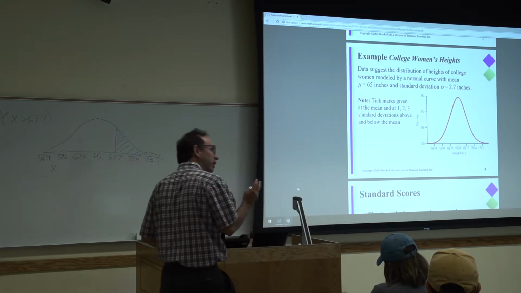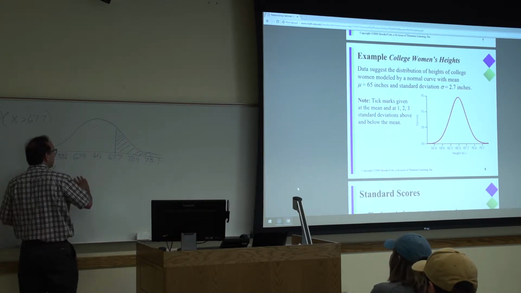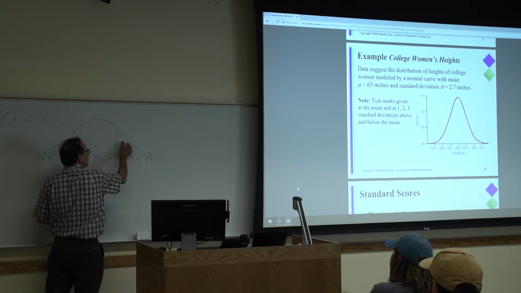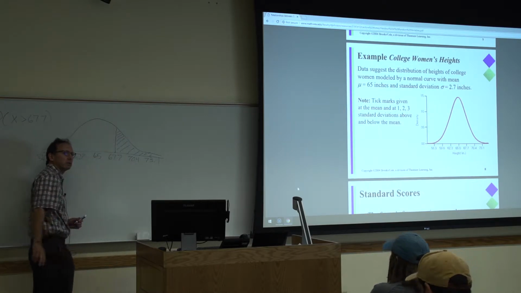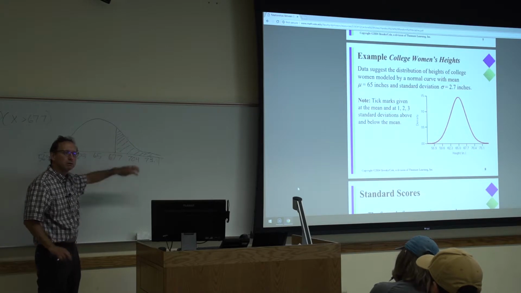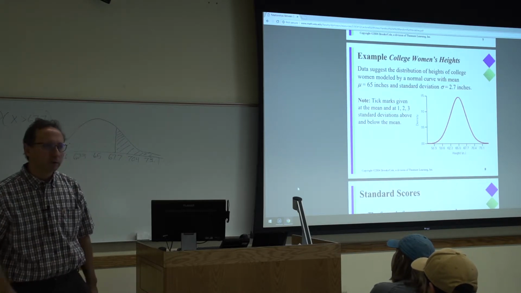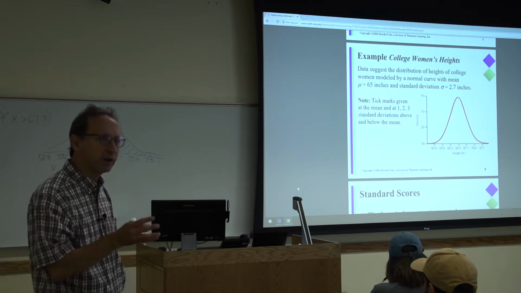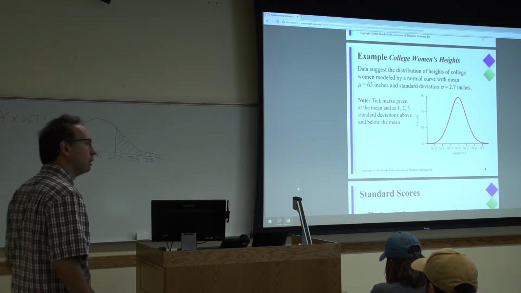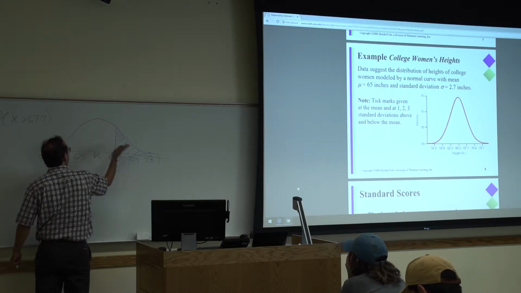Using that information, how would you approximate this area right here? What would you tell me about it? We know 68% lie within 1 standard deviation of the mean. Here we have a symmetric curve, symmetric about the mean.